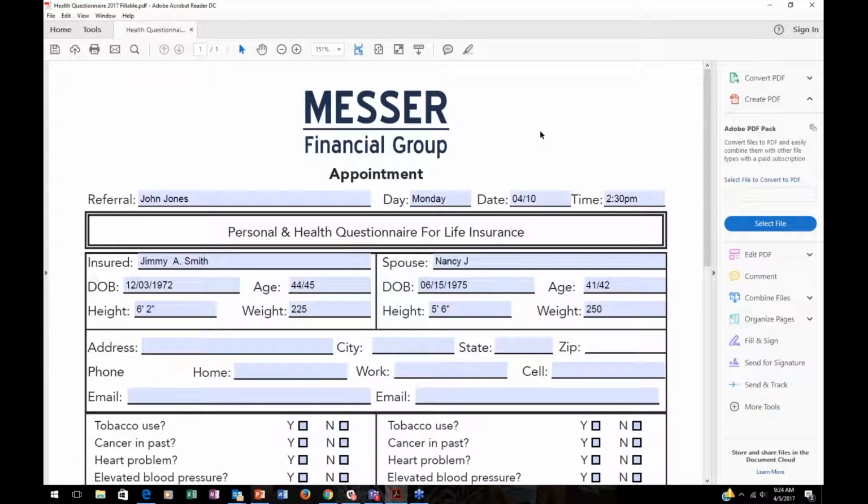So fortunately, as we look at this gentleman at 6'2" and 225, he is definitely within the guidelines of standard or better health rating. However, when we look at her, even though she might be in great physical condition otherwise, the 5'6" and 250 actually just forced her into a second table rating.